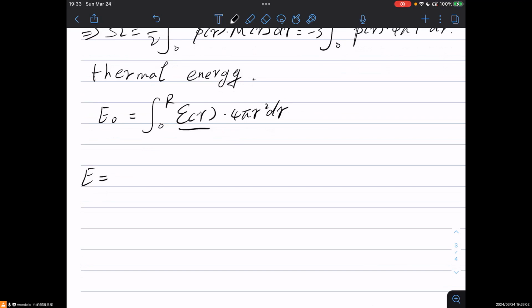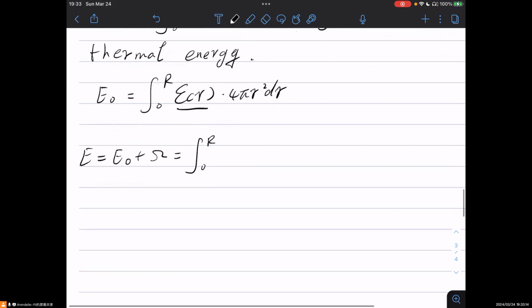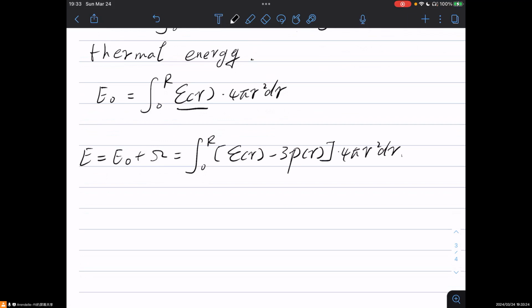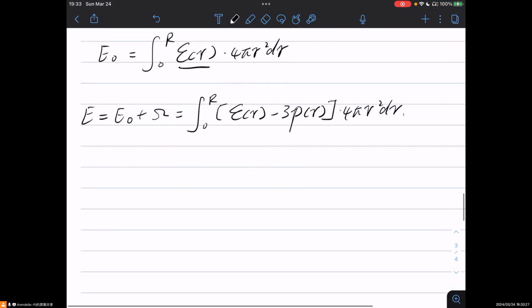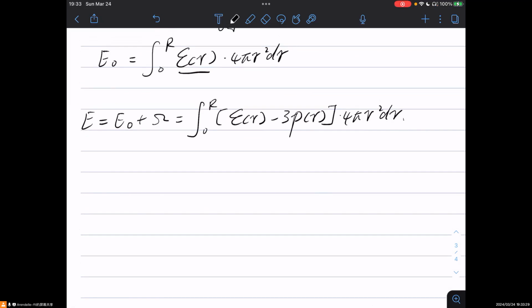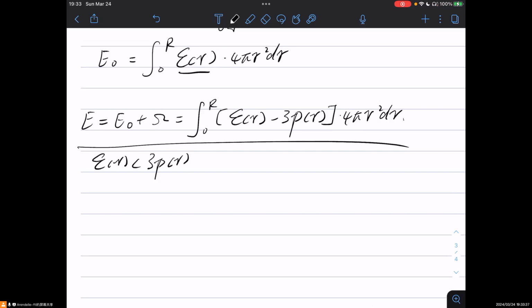The total energy just equals the sum of the thermal energy and the gravitational potential energy: E0 plus omega equals the integral from 0 to capital R of epsilon(r) minus 3 p(r) times 4 pi r squared dr.